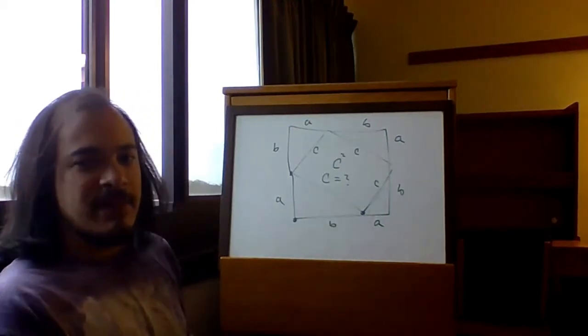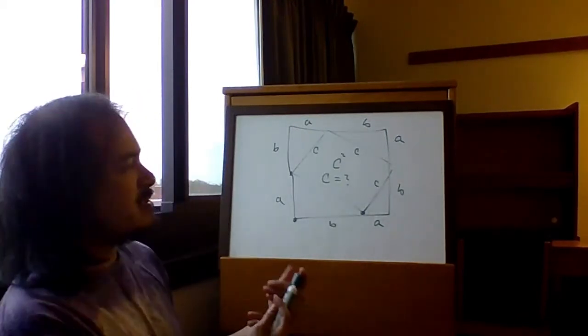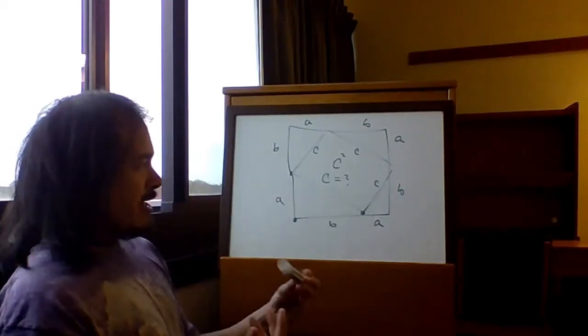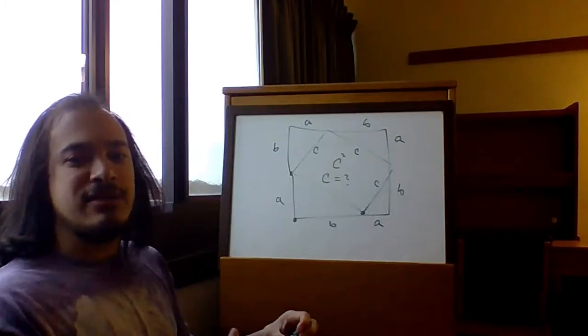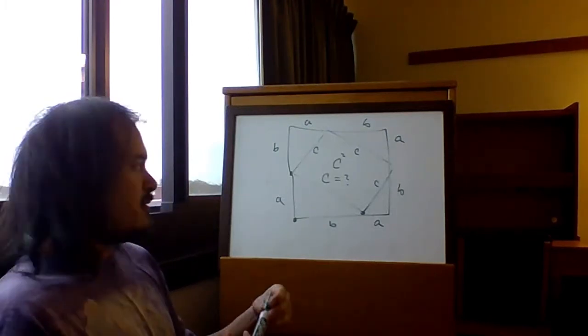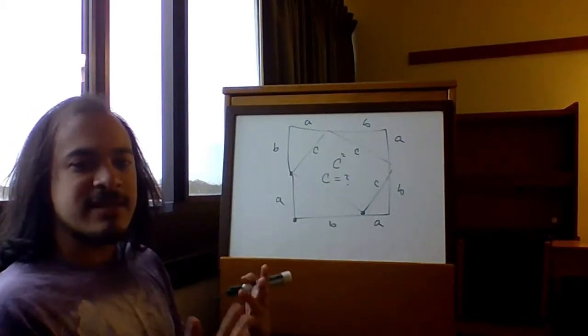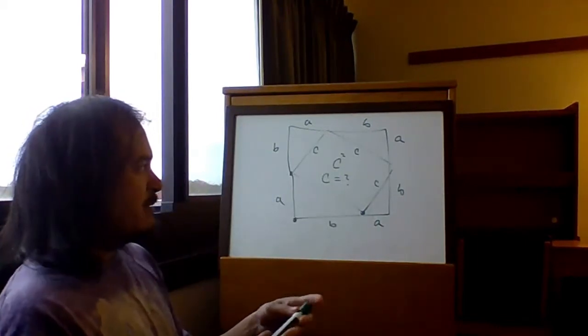But to clean this up, what I'm going to do is put this on the coordinate plane, on an XY graph. That way you guys can get an idea of what happens and how some things come together.